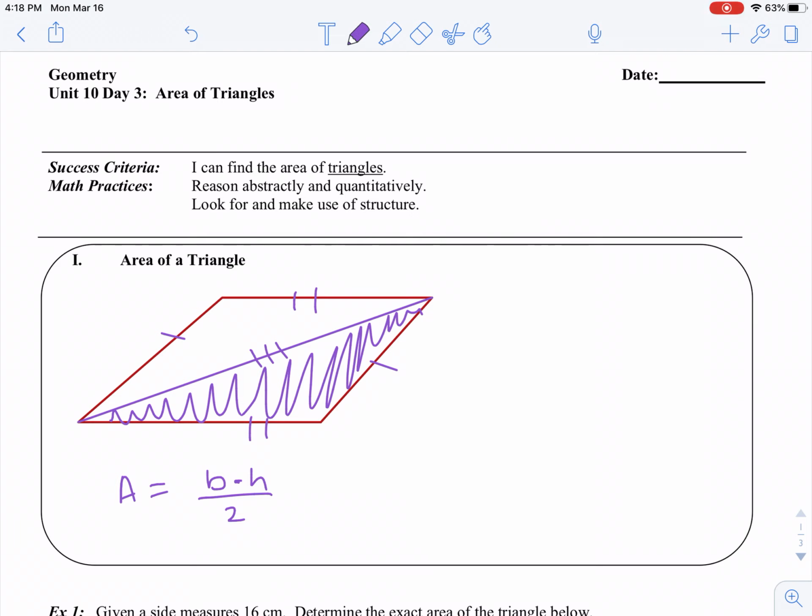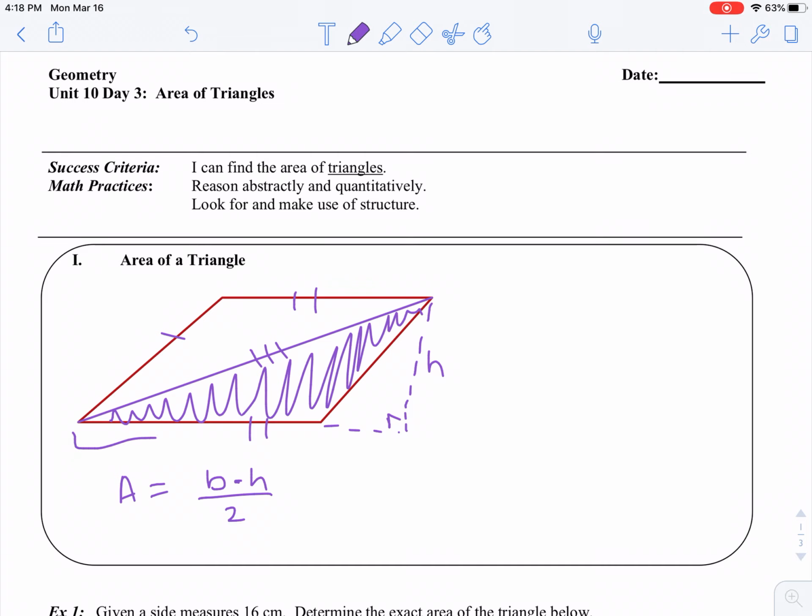Now, it's important to remember that when we think about the height of a parallelogram, we are thinking about this perpendicular height. So if I were to drop an altitude, right, this is our height of that triangle. It is not one of the sides of that triangle necessarily.